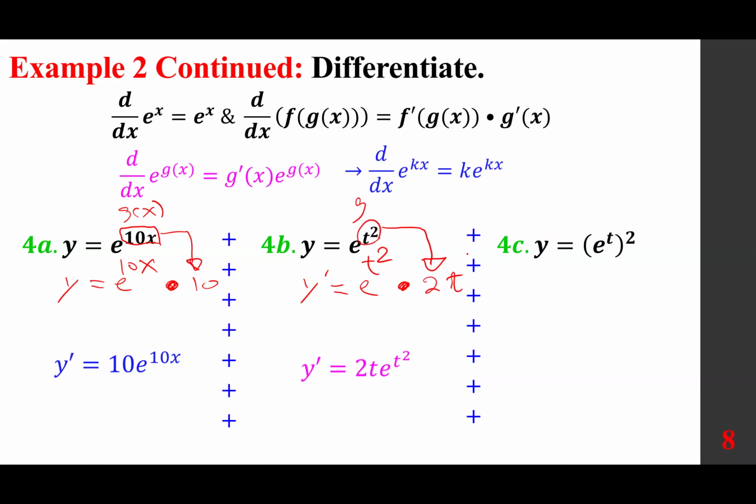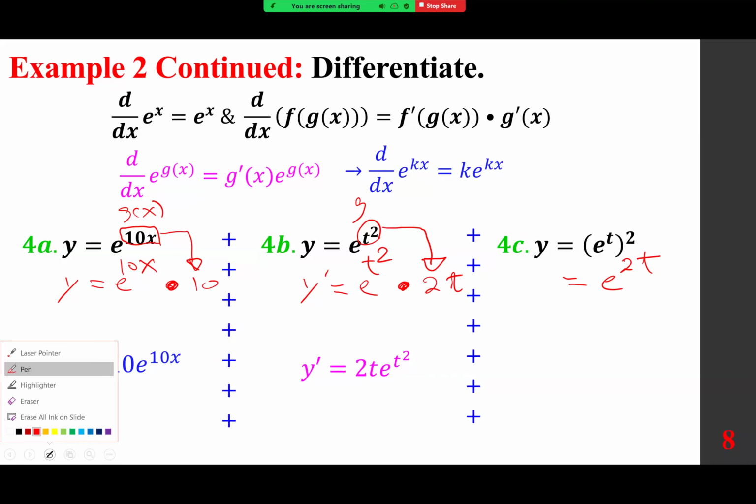I want to differentiate this. It is better to rewrite it first as e to the power of 2t. I'm using the rule of exponents, t times 2, so e to the power of 2t, which is an algebraic step.